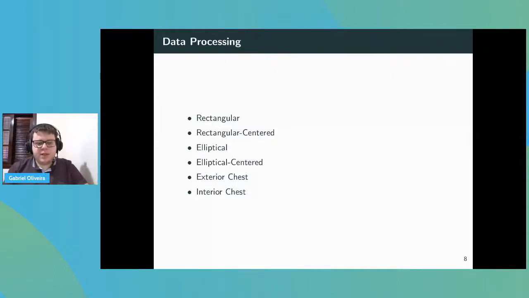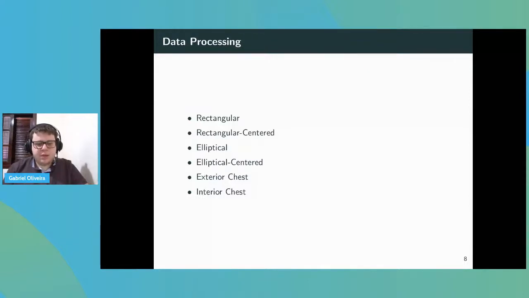Then we have the rectangular center, which is similar to rectangular, but in the end we center the output image for this kind of preprocessing technique. We also have the elliptical form. So we apply the exterior chest mask and then apply an elliptical bounding box to make this image.